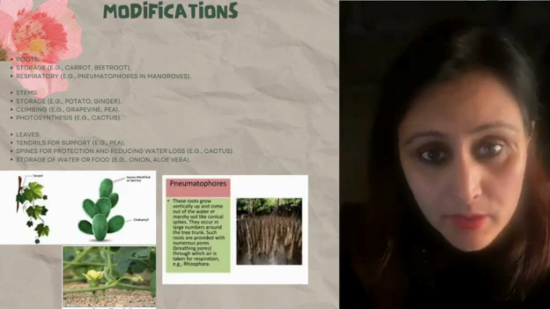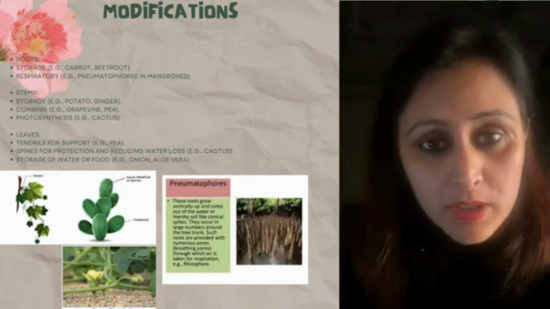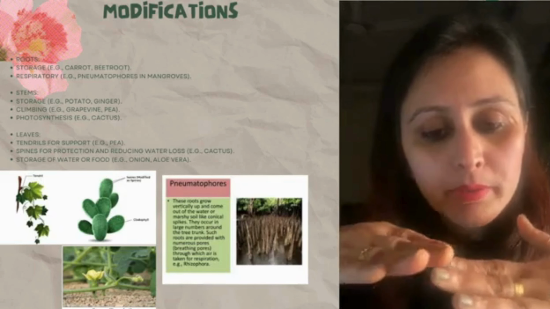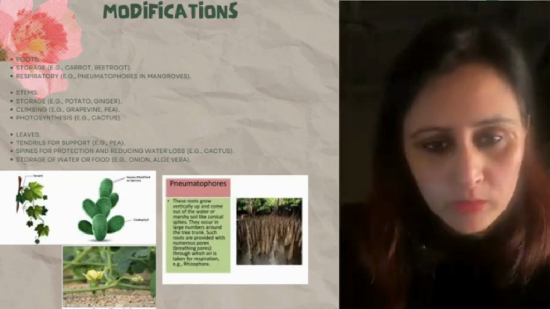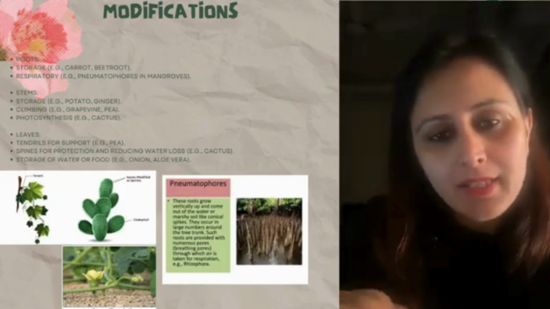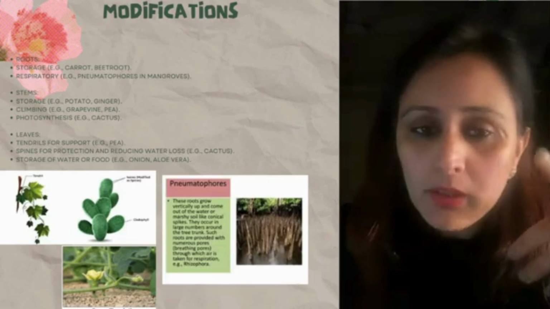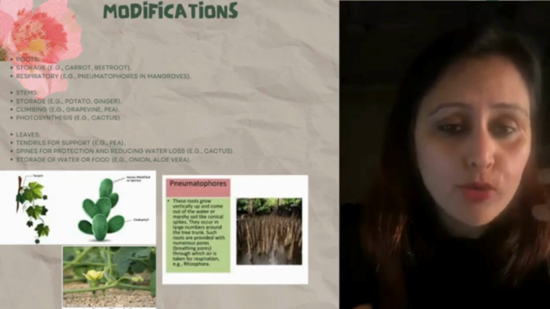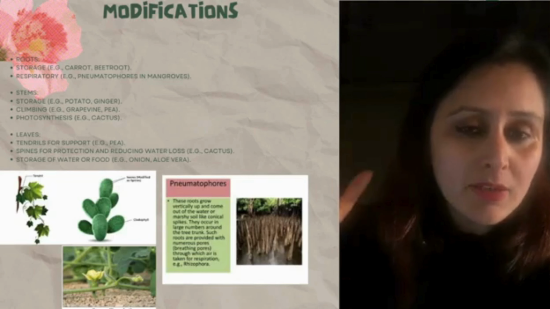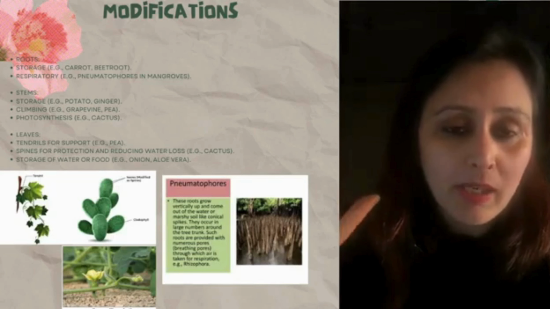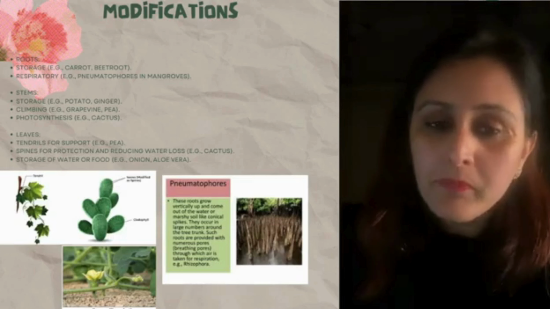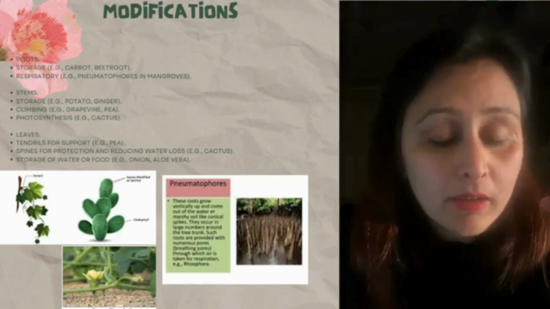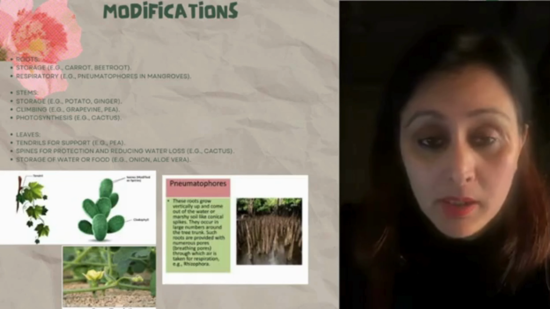In the creepers, let's talk about the creepers now. What are creepers? Creepers creep along the ground. Why? Number 1, because the fruit that they bear is too heavy, too big, so it becomes very difficult for them to climb with any support. A very good example here is watermelon, muskmelon, or the pumpkins, right?